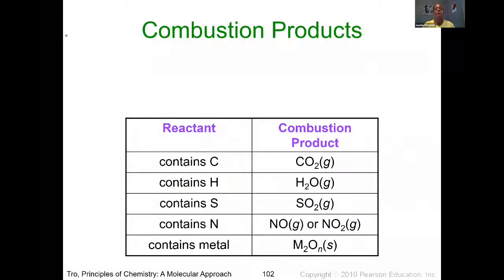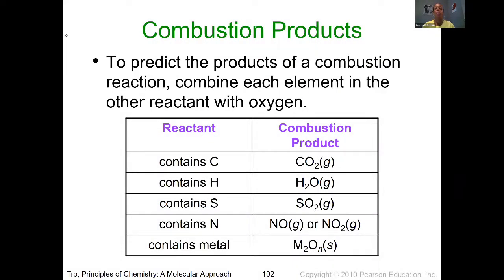Some common products of combustion reactions are shown here. Again, in combustion reactions, we're reacting some compound with oxygen. Each of the elements in the other reactant is going to combine with oxygen to form something new. For instance, if the other reactant contains carbon, we anticipate that some of the oxygen is going to combine with the carbon to create carbon dioxide.